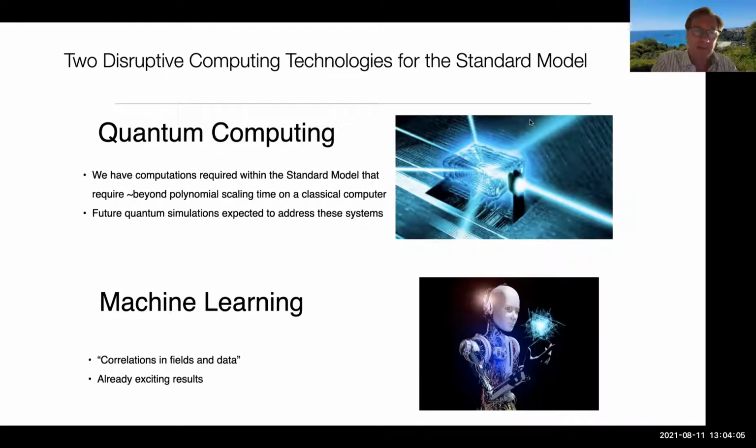But let me just say a couple of words about machine learning before moving on. So this is an area that promises to be revolutionary, both in experiment, data analysis, control, design, and also with regard to understanding and predicting within the standard model.